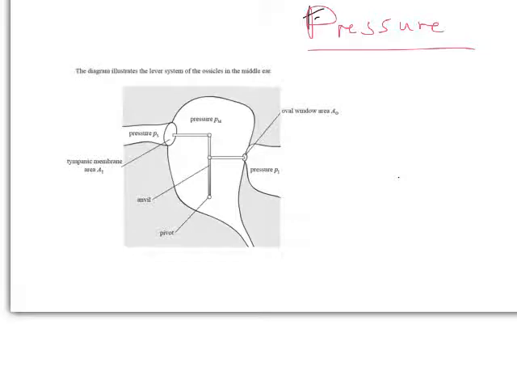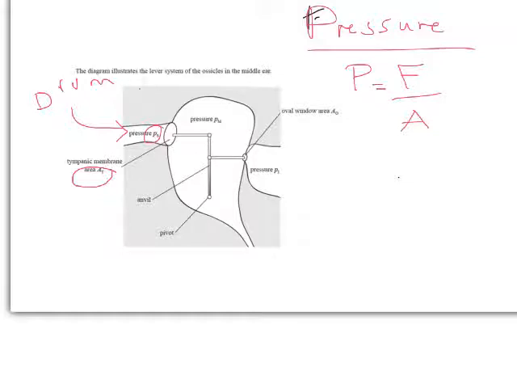And this is a lot more straightforward because it involves this idea of pressure equals force over area. Now let's have a look at the arrangement more clearly. This direction is the pressure build-up from the eardrum. And we have pressure PS, and we have an area of eardrum AT.